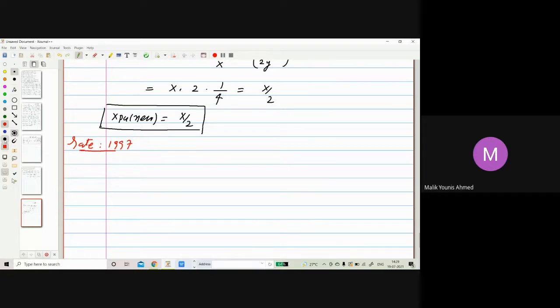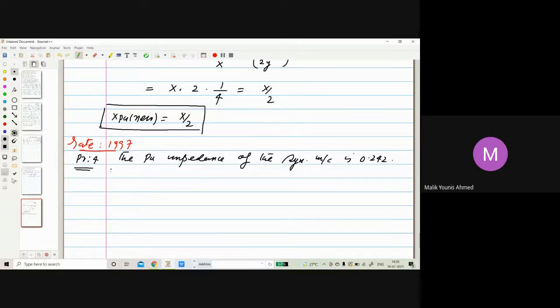Today's fourth problem is this one. Problem number 4. The per unit impedance of the synchronous machine is given as J0.242.